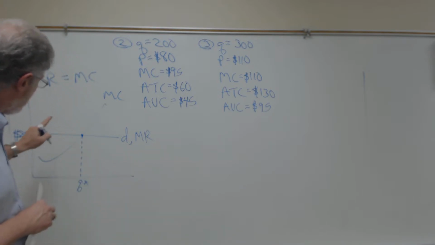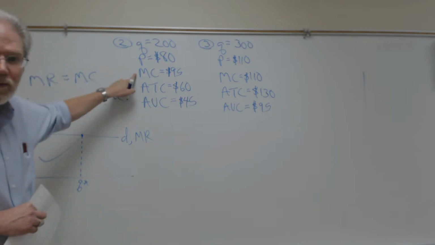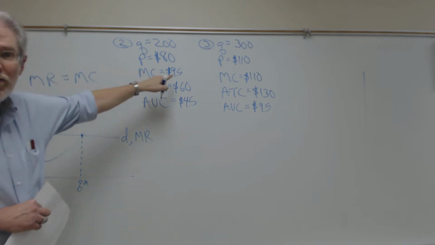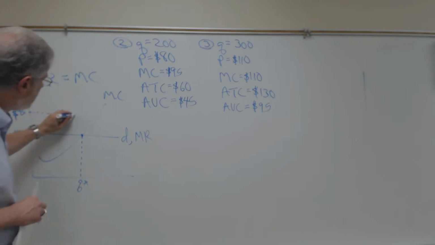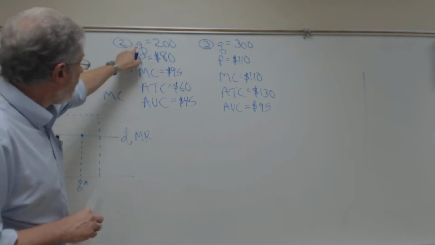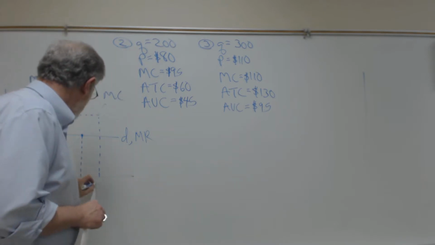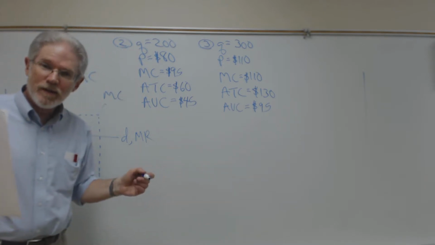Is it producing where marginal cost is equal to 80? No, it's producing where marginal cost is 95. Well, 95 would be somewhere up here. So that tells us that the output the firm is producing, 200, is not the best level of output.